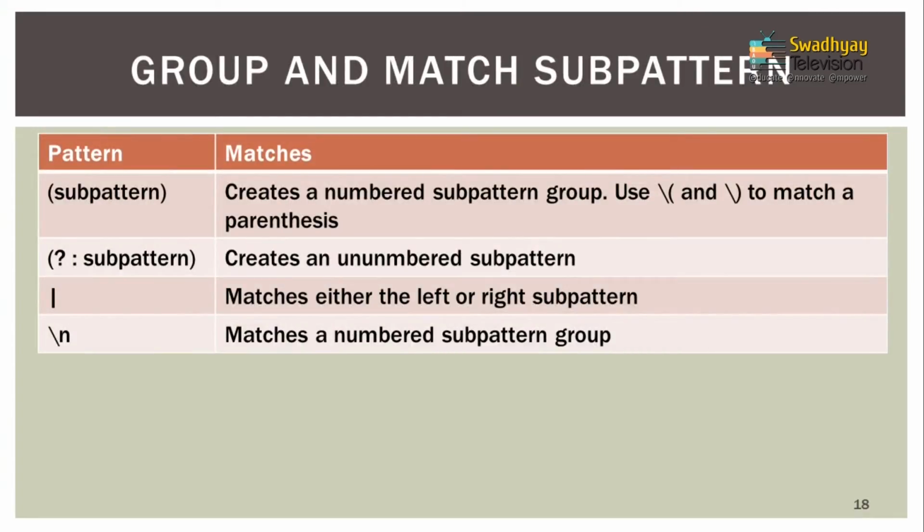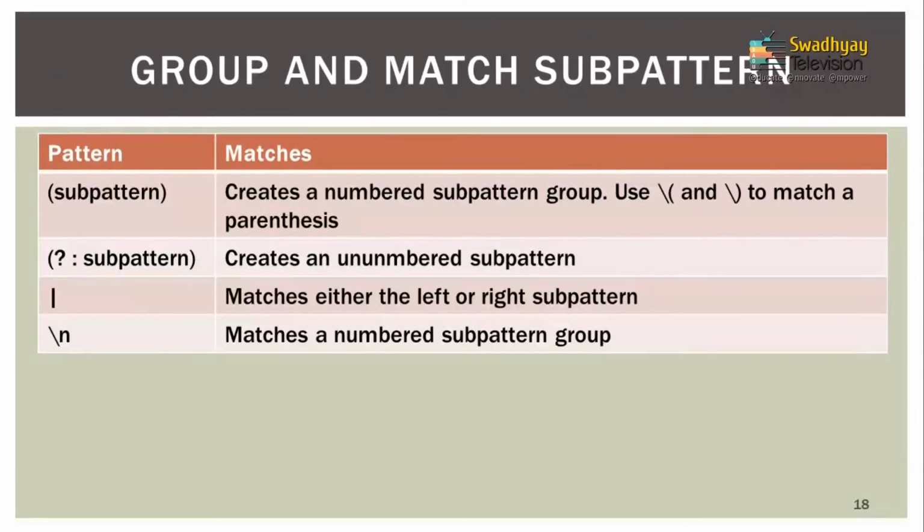Now sometimes we require to match very complex patterns. So at that time you can group them, as there are many sub patterns and you can group them. For that, within the parenthesis you can type sub pattern, which creates a numbered sub pattern group, and you can use backslash and open parenthesis and backslash and close parenthesis to match a parenthesis.